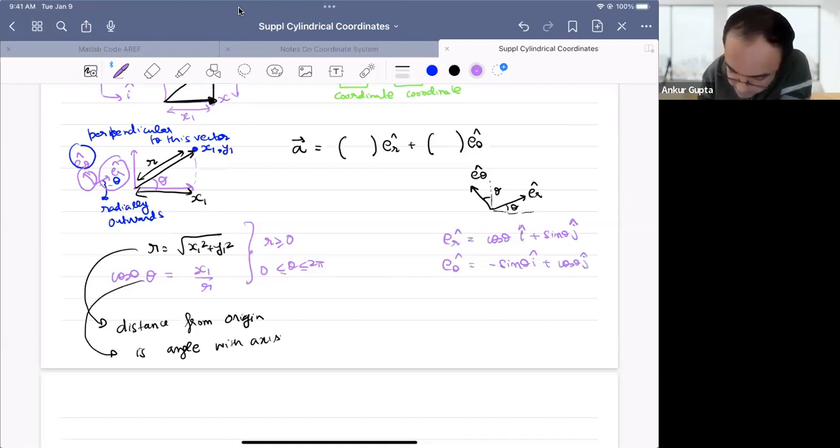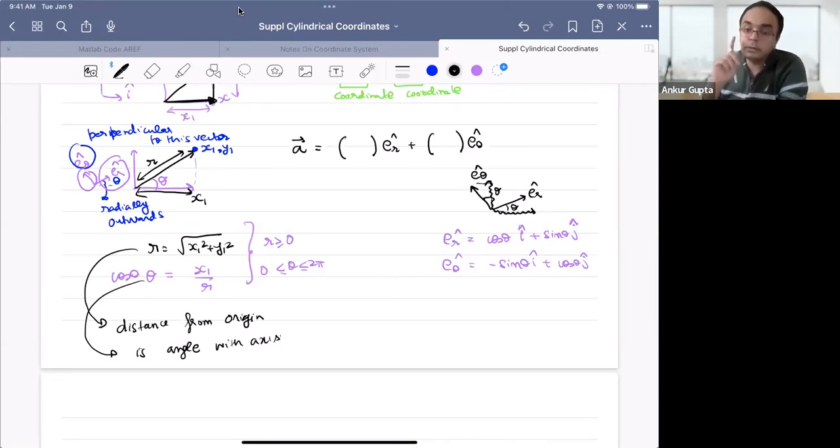So if I take the components of e_theta, I'll get cos in the vertical, right? This is hugging the vertical direction. It's the cos. This is hugging the i hat direction. So it's the cos theta with the i hat. And the negative sign with minus sin theta is because e_theta is pointing towards left, right? If I take the component. So this is another way to think about it.